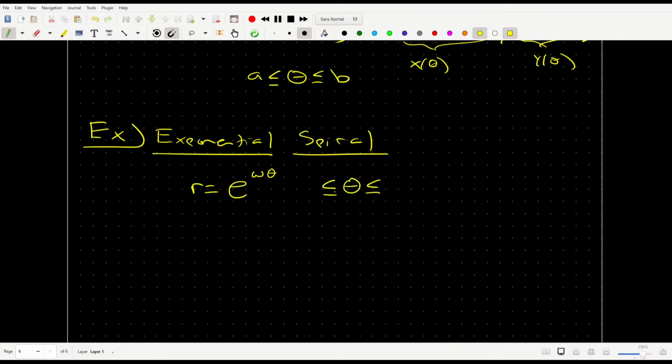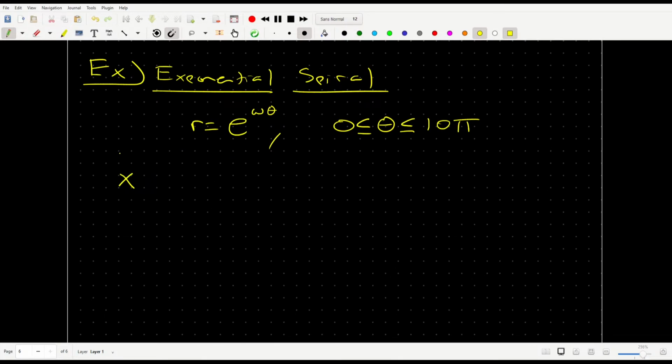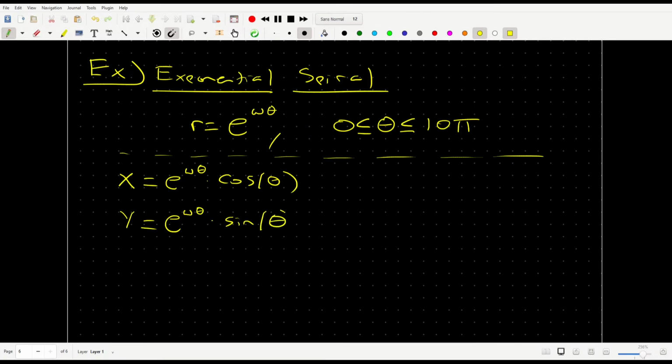Just take theta in the interval from 0 out to 10 pi. The x and y coordinates of this curve then are going to be r cosine theta, so e to the omega theta times cosine theta. The y coordinates of points in the curve are going to be e to the omega theta times sine of theta.